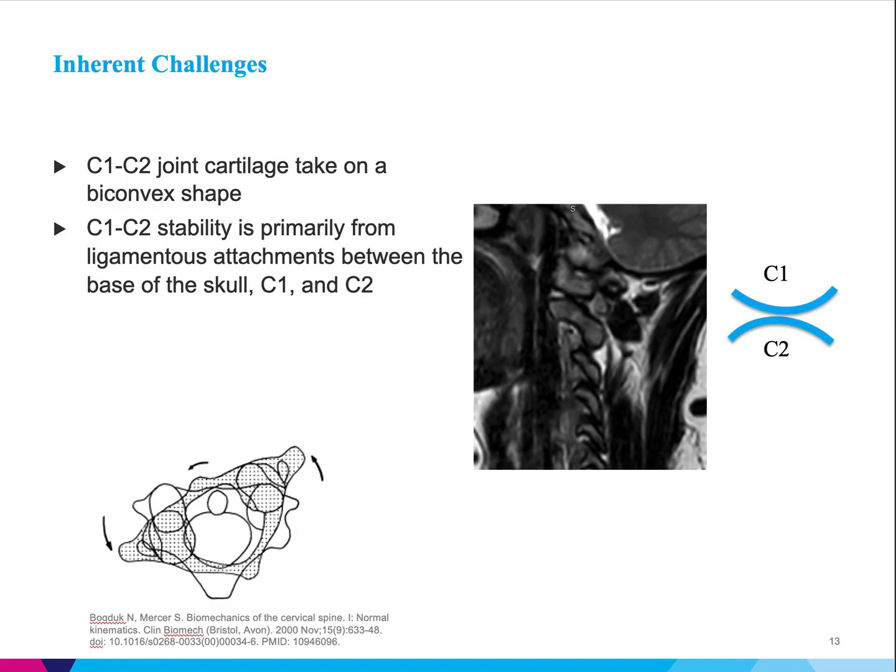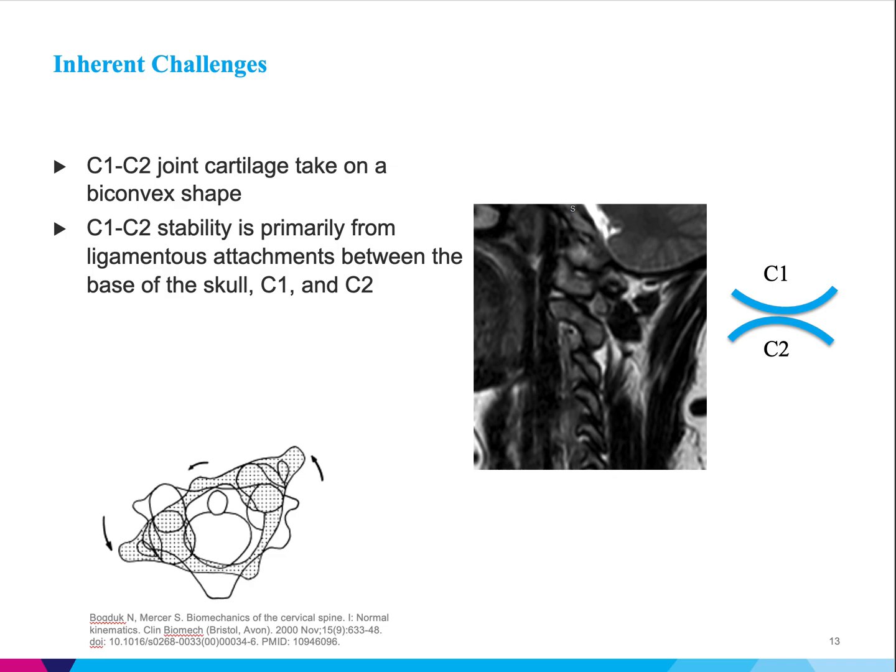Now, if we carry this examination further, when we look at the C1-C2 joint cartilage, the cartilage being the coating of the bony articulating surface, we see that the cartilage on C1 and on C2 takes on a biconvex shape. So as C1 rotates on C2, C1 is also sliding up or down the slope of the C2 cartilage.